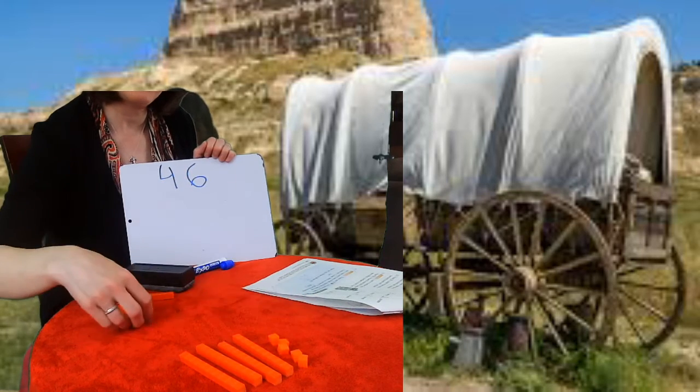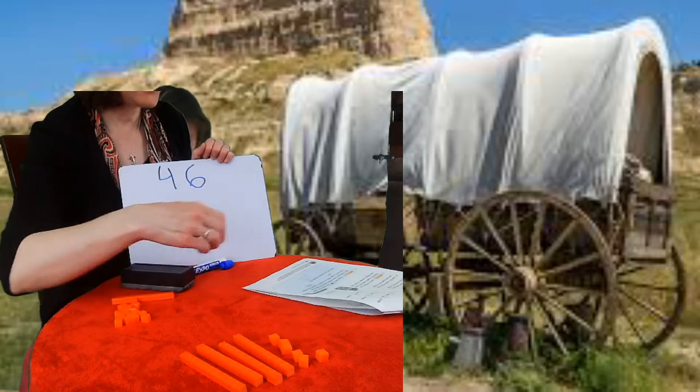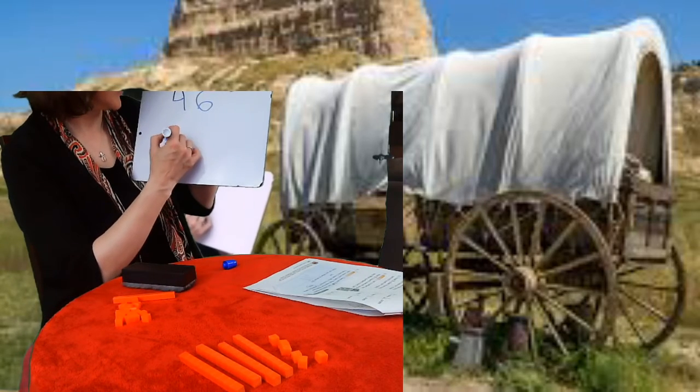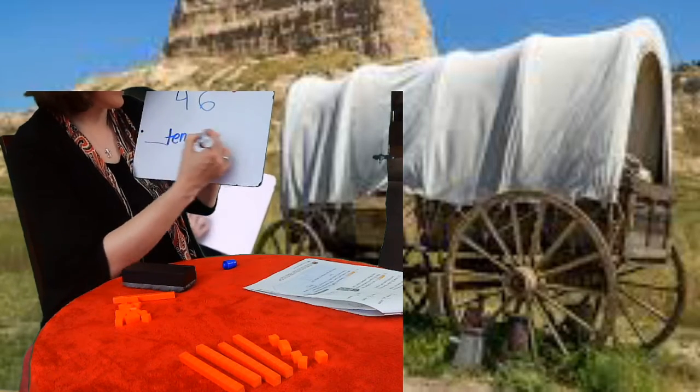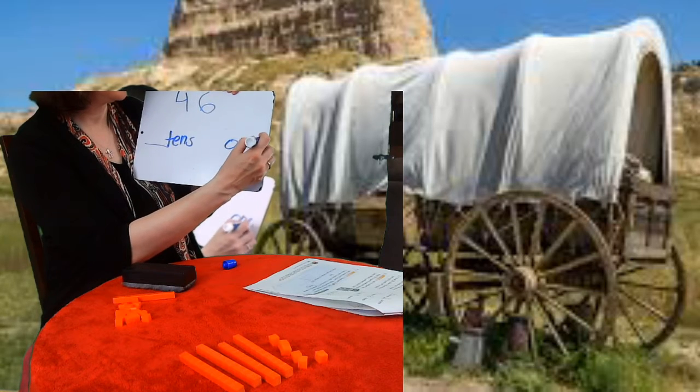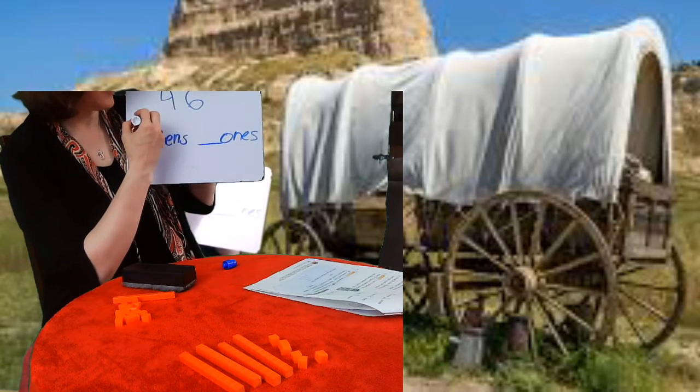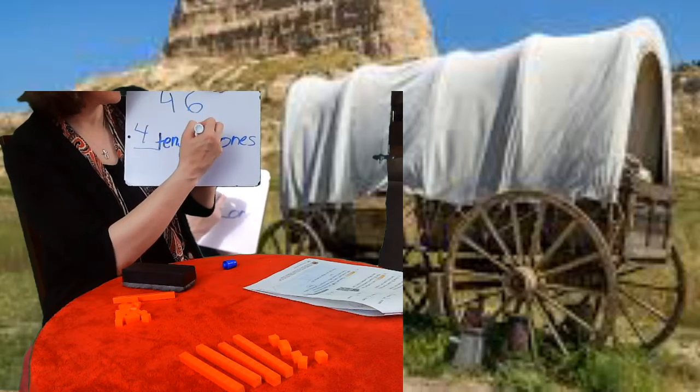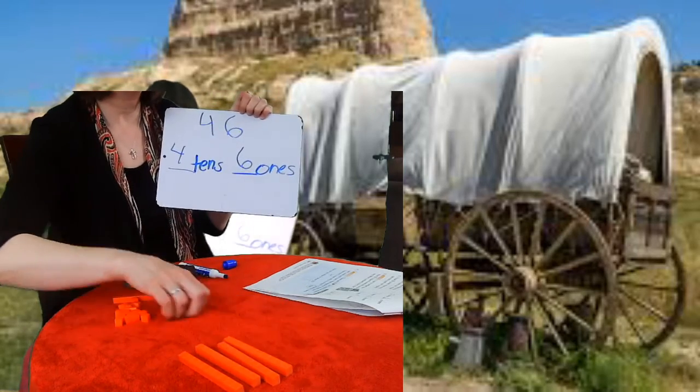A row of 5 there and 1 more. So we would write for that one, how many tens, how many ones. Well, the 4 is in the tens place, and the 6 is in the ones place. Let's move on to our next story.